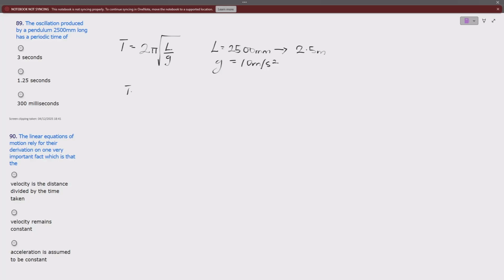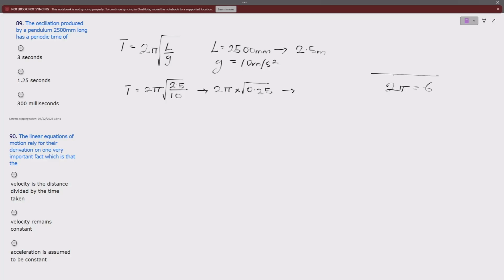So T equals 2 pi times the root of 2.5 divided by 10. That will give you 2 pi times the root of 0.25. We know 2 pi equals 6.